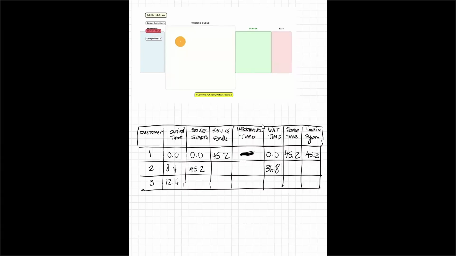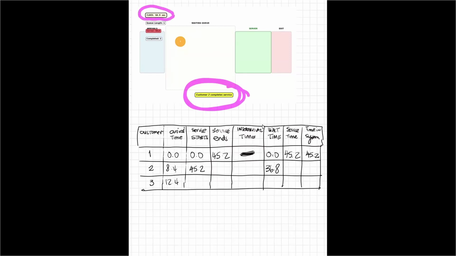Okay, the next event could have been customer number 4, or it is the fact that customer 2 has just completed service. Okay, at what time? 64.9.